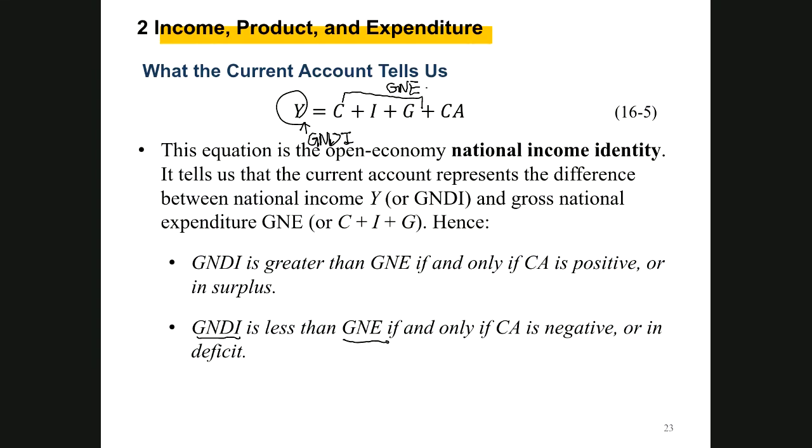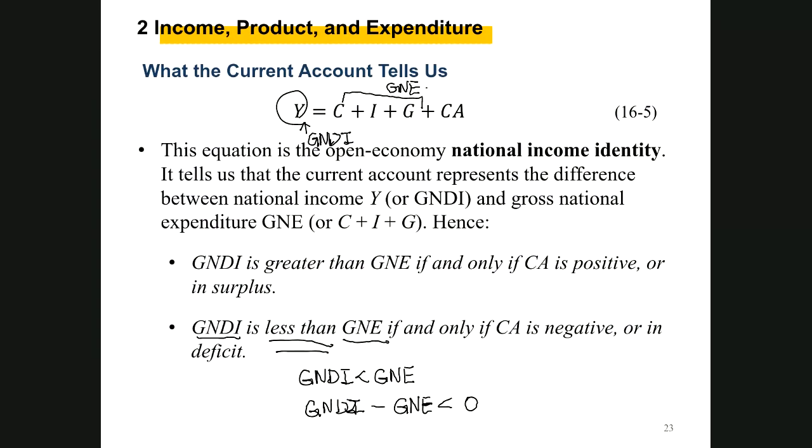So GNDI less than GNE, GNDI minus GNE is smaller than zero.